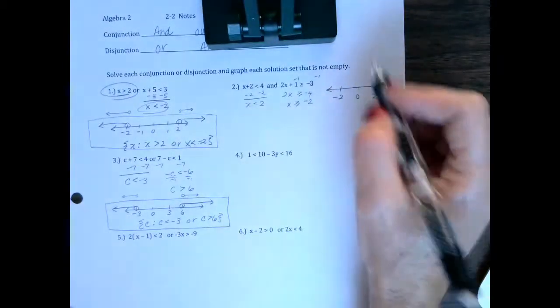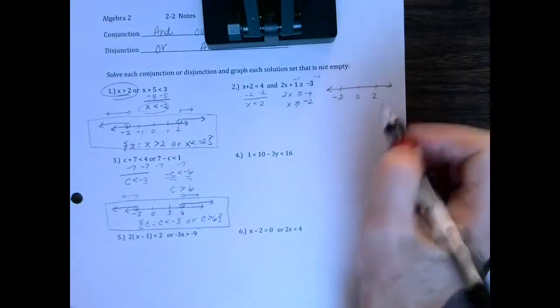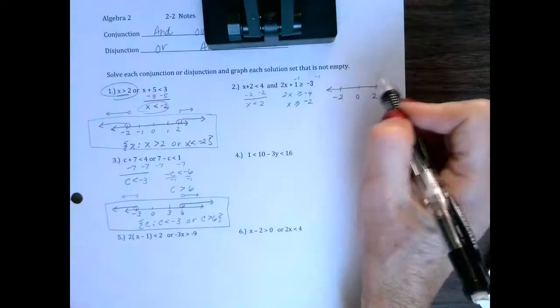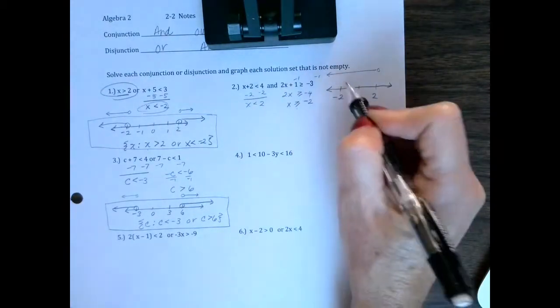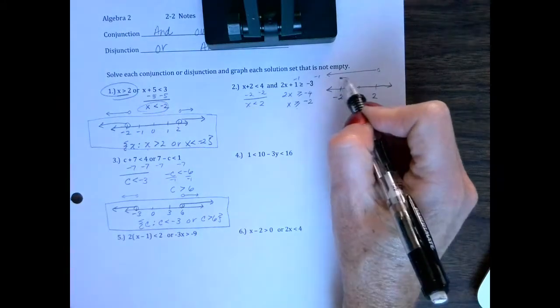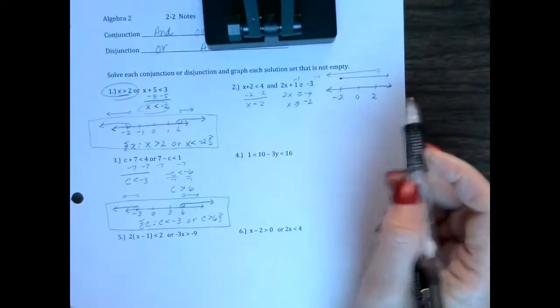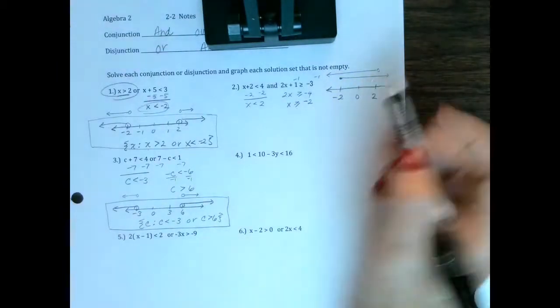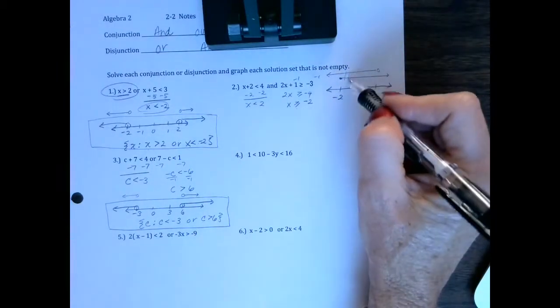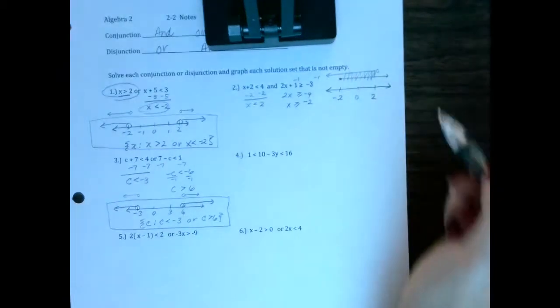With AND statements, they don't always look like this, but if I put this, I have x is less than 2, and I have x is greater than negative 2. If we see that they're actually going opposite directions, we're looking for the overlap, which is happening here.